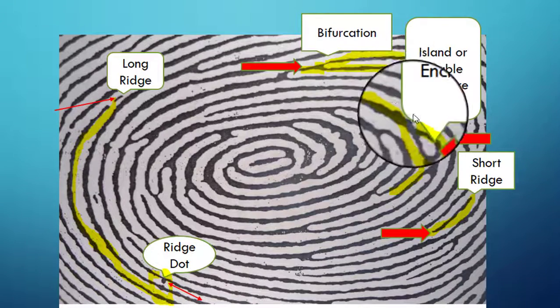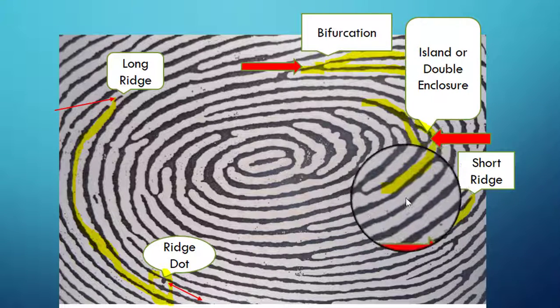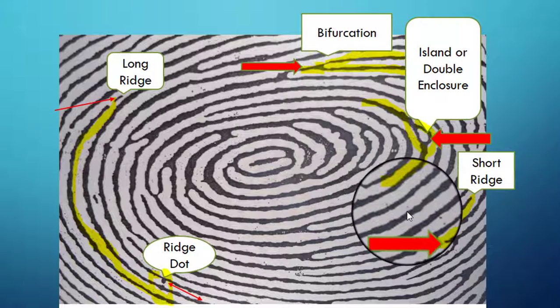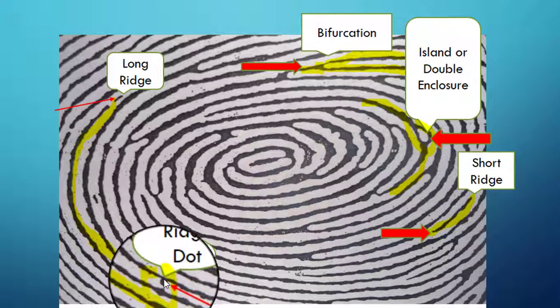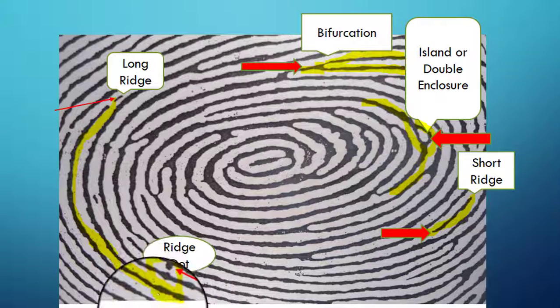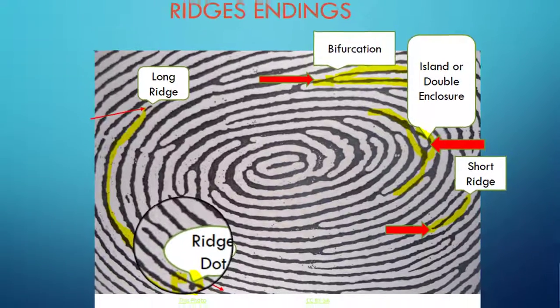Some bifurcations form islands or double enclosures. The ridge travels a short distance, then returns to being a single ridge. Lastly, some ridges may be just dots. Note, don't rely too much on dots because it may just be dust particles from the powder.